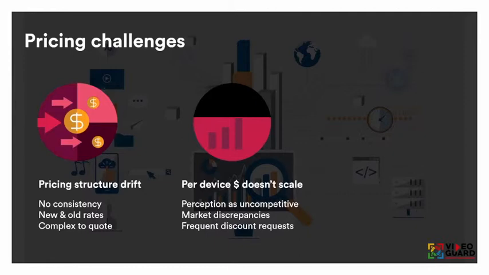We also started getting market discrepancies between particularly regions, where one region would be more expensive than another, and we started getting a lot of discount requests in light of this, in order to try and make us more competitive in certain scenarios, and just in general make the price reflect the market.